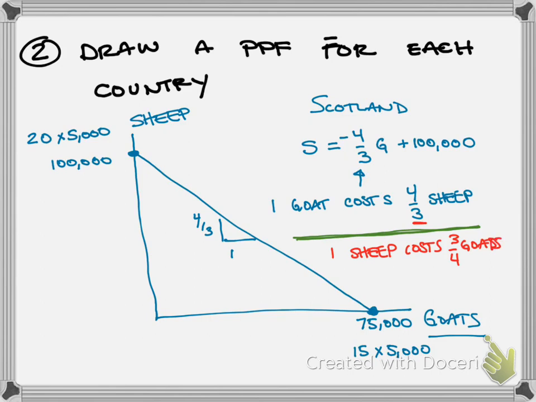And so Scotland can produce sheep at a lower cost of goats. So Scotland would have the comparative advantage in sheep. And that's how you identify the comparative advantage: comparing the cost to produce a good.